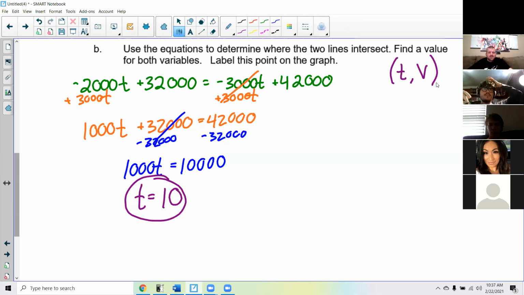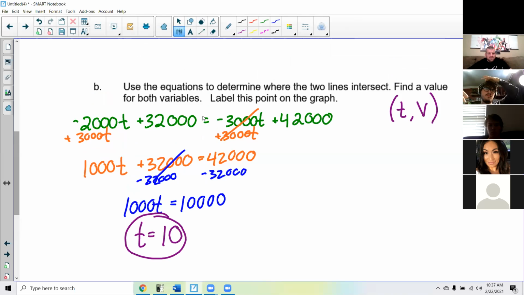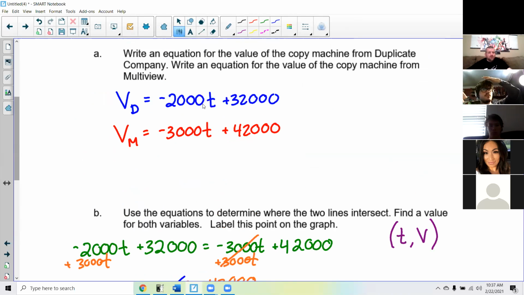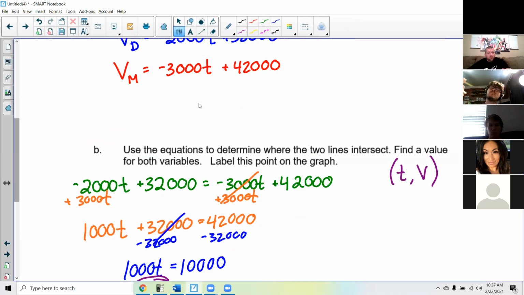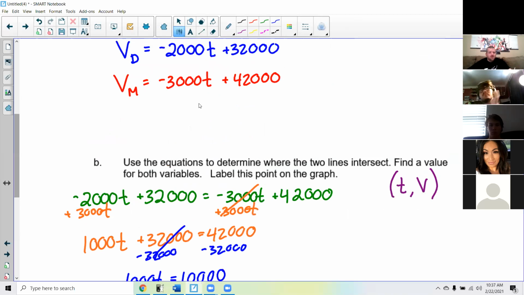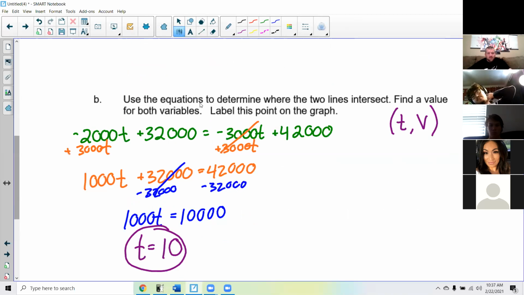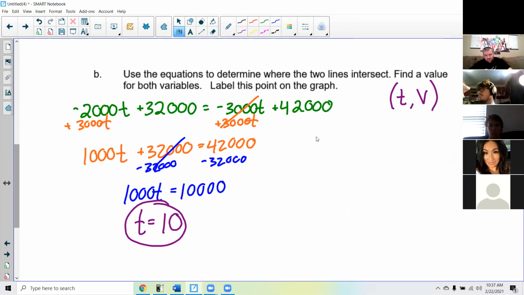The T coordinate is 10. So I'm going to take that value for T and plug it back into either equation. Since I know the values are the same, which equation I choose shouldn't matter. If you want to be extra careful, plug it back into both and make sure you get the same thing. I'm going to plug this back into the first equation.